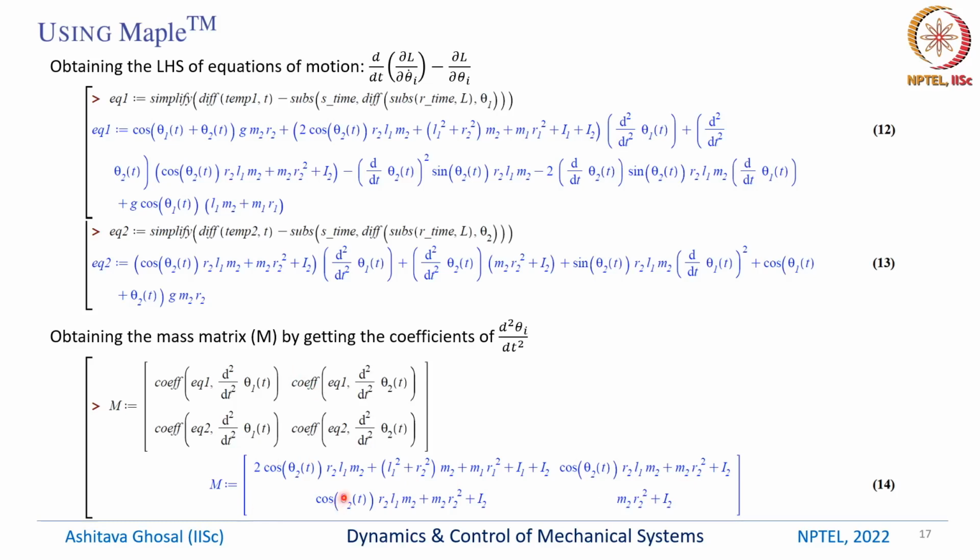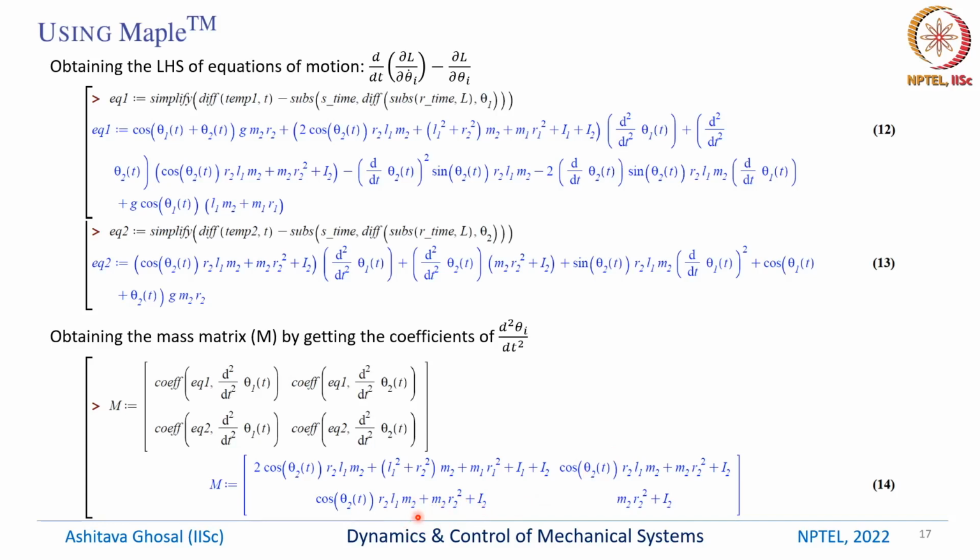Here you can see it looks okay. The first element M11 is this long term, which is I1 plus I2 plus M1 R1 square plus M2 R2 square plus M2 L1 square. Maple automatically combines these, and then you have 2 cos theta 2 M2 L1 R2. The 1 2 element is I2 plus M2 R2 square plus M2 L1 R2 cos theta 2, and you can see this is a symmetric matrix.